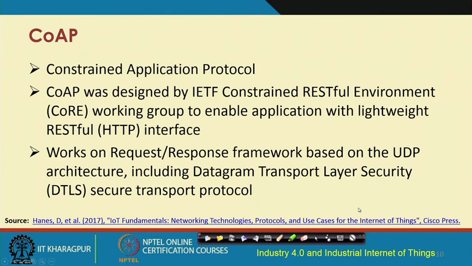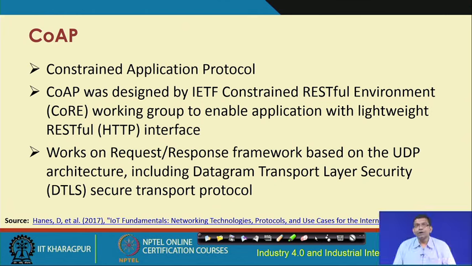The full form of CoAP is Constrained Application Protocol, which was designed by the IETF CoRE working group, which we have looked into before. The full form of CoRE, if you recall, is Constrained RESTful Environments. This working group has come up with CoAP to enable applications with a lightweight interface to be run in place of HTTP.